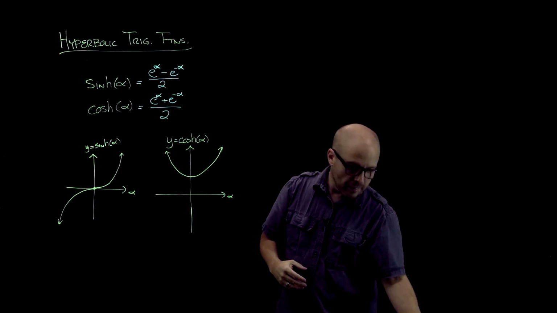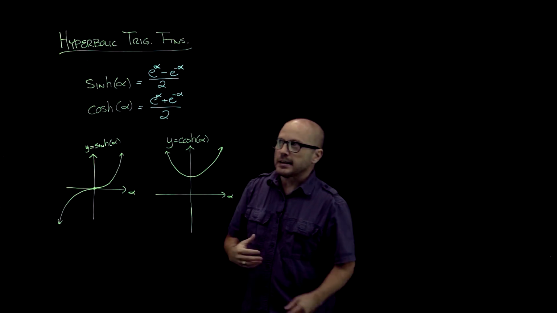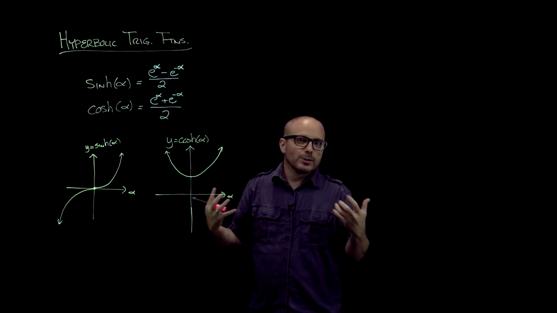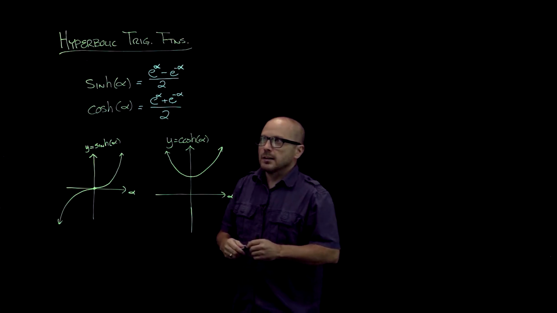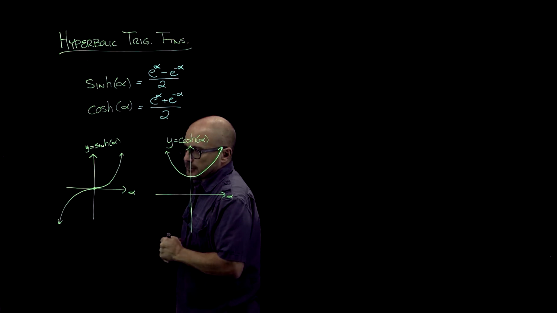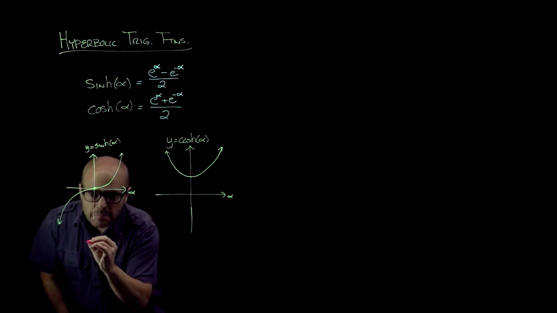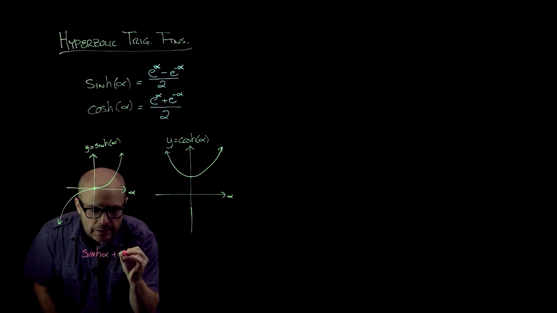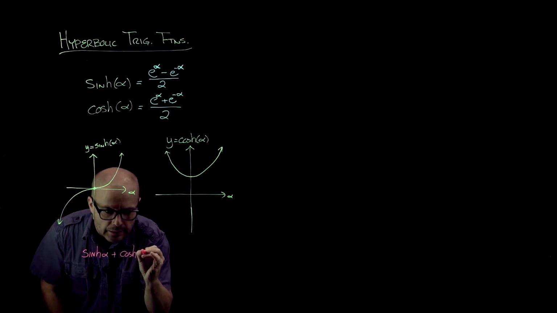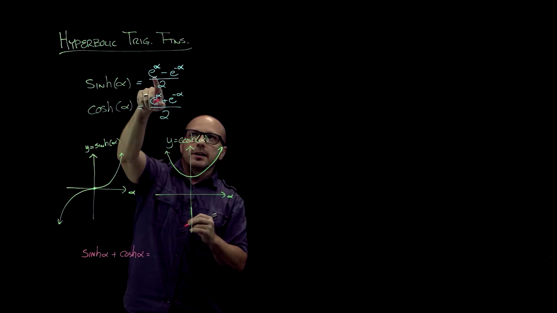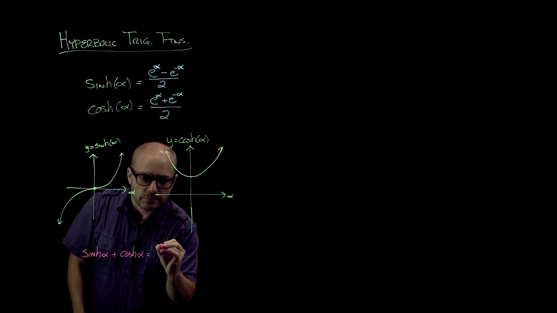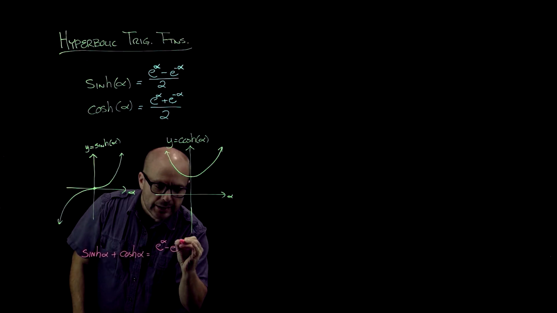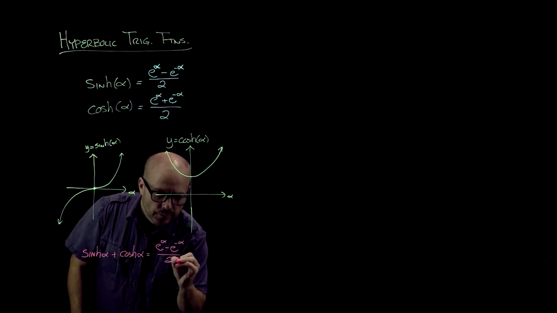One thing that's interesting about that is really one way you can think of these two is they are e to the alpha decomposed into its odd and even parts. Because if you take hyperbolic sine, you have e to the alpha minus e to the negative alpha over 2.